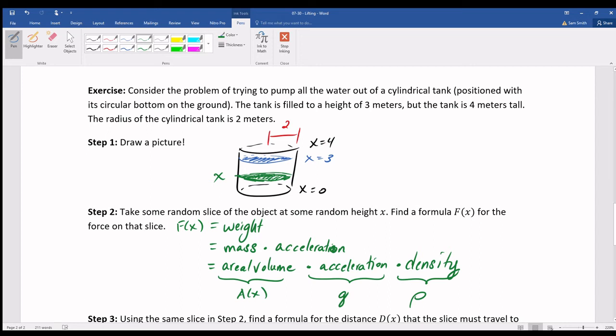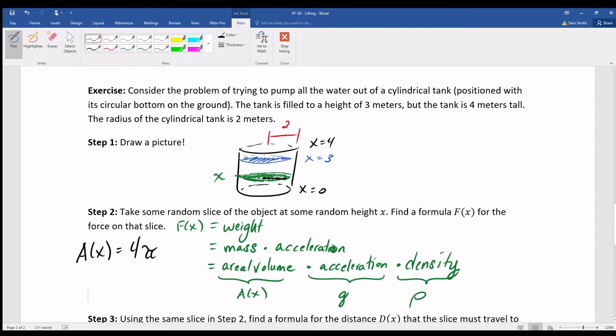Now let's analyze this slice at position x. No matter where we take this slice of water, the slice will always have exactly the same shape and size. Every single one of these circular slices is a circle of radius 2. So the area is pi times the radius squared, pi times 2 squared.